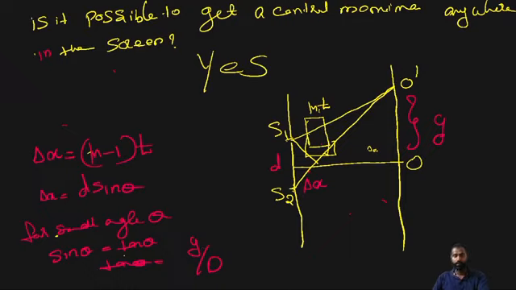Okay, y by D. So I can write (mu minus 1) times thickness is equal to yd by D. So what will be my y? y is (mu minus 1) times t times D by d.